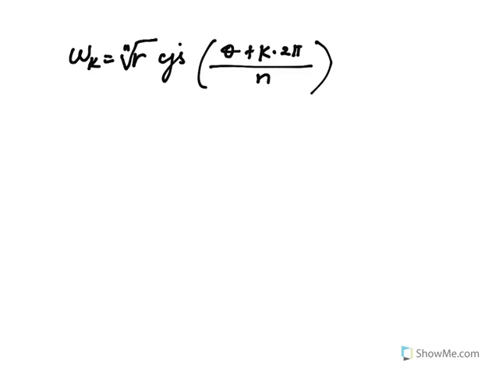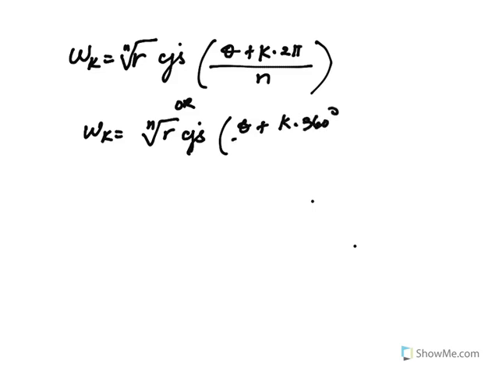But if your theta is in degrees, then you can write this as omega sub k is equal to the nth root of r cis of theta plus k times 360 degrees, over n. Now, your k here is from 0 to n minus 1.